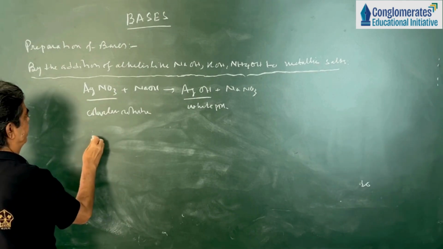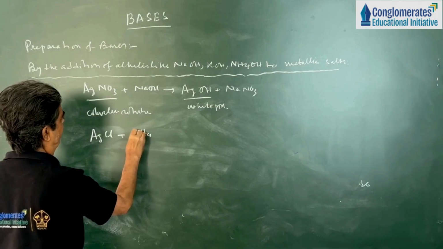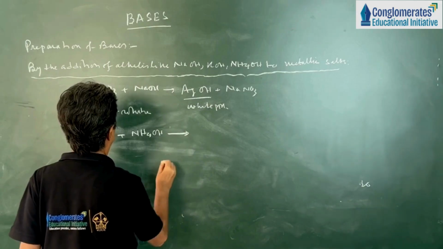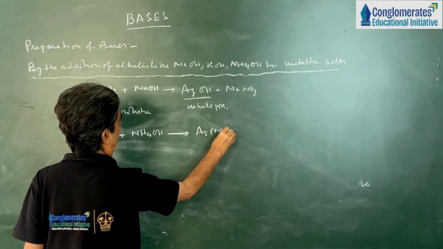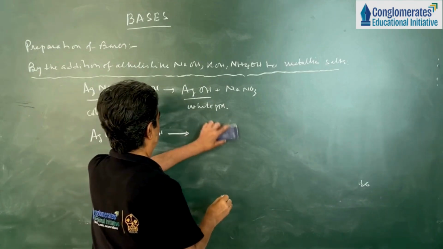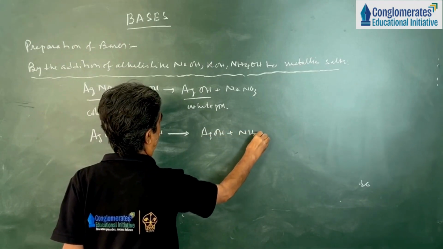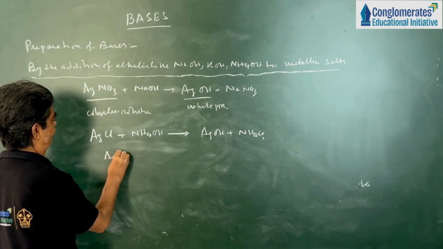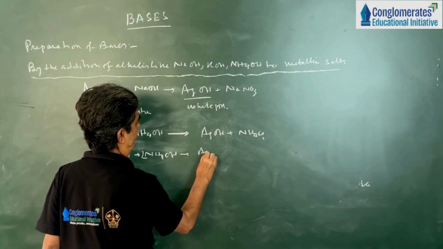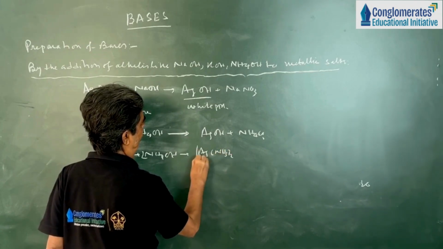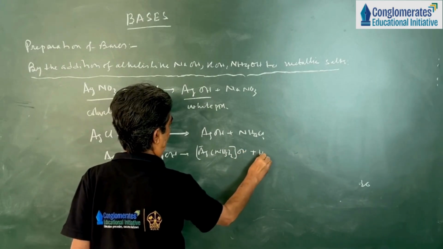But if you use ammonium hydroxide, then first of all we will get AgOH plus NH4Cl, and then AgOH dissolves in water.